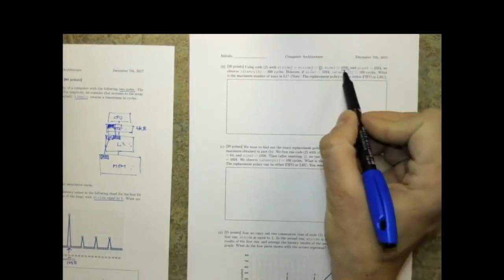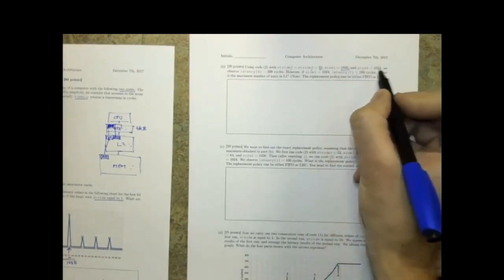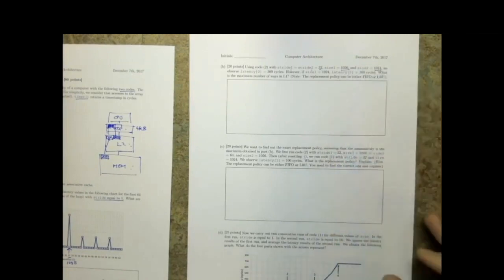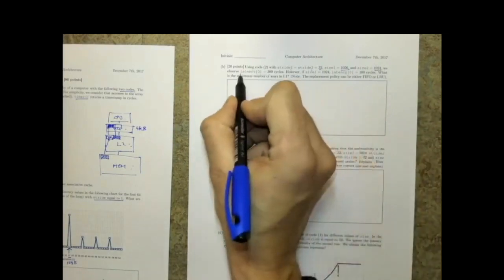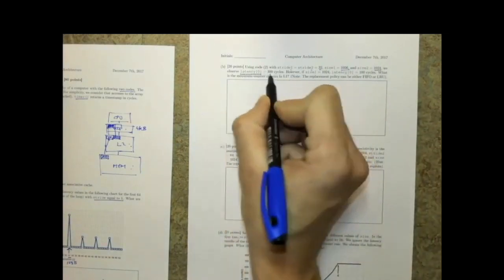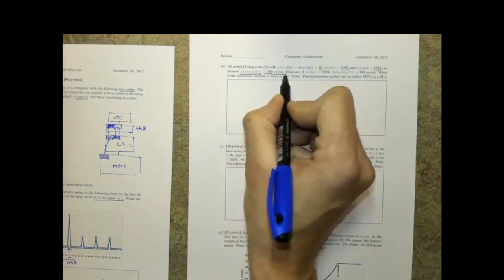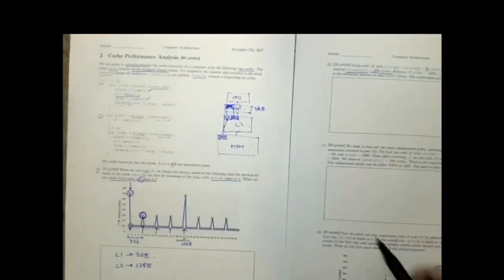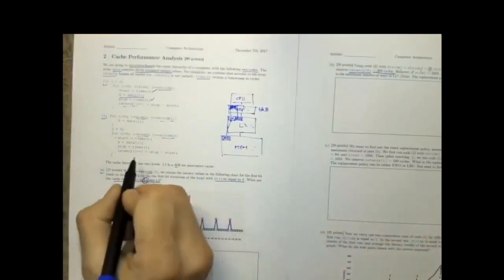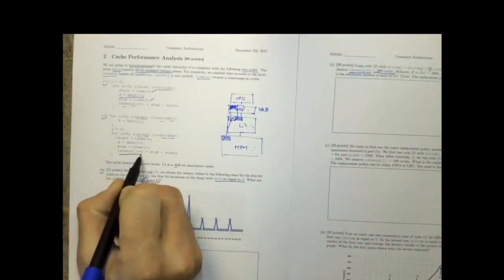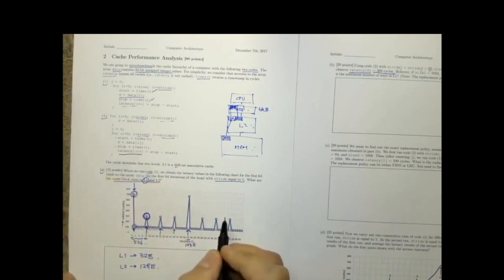As I was saying, in part B, size 1 is 1056, size 2 is 1024. And in this case, we observe that latency 0 is equal to 300 cycles. Keep in mind that latency 0 is the value that we obtain in this array latency for the very first access in this second loop.